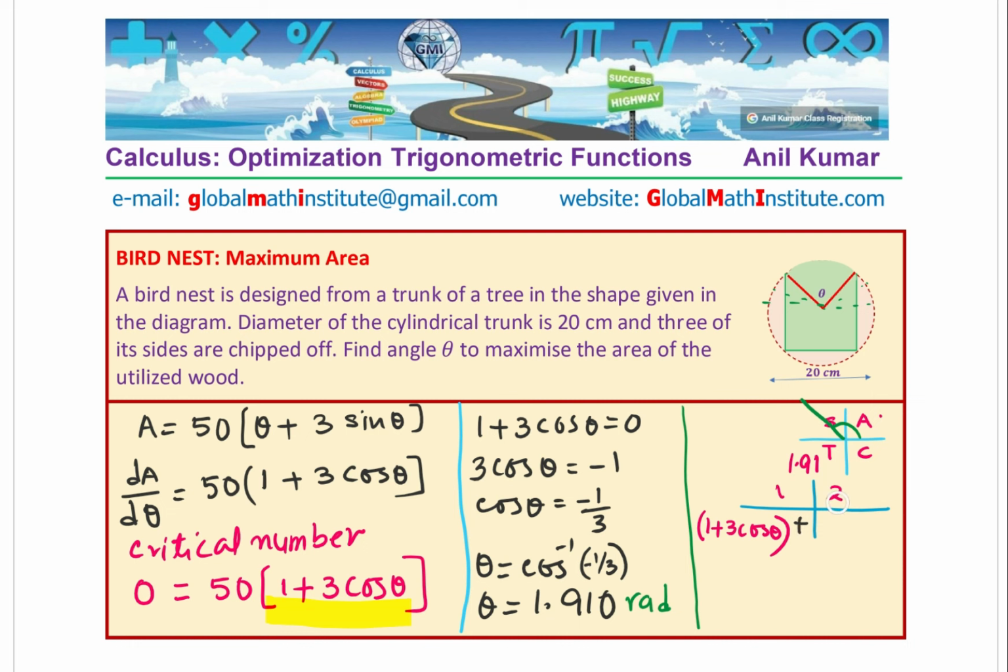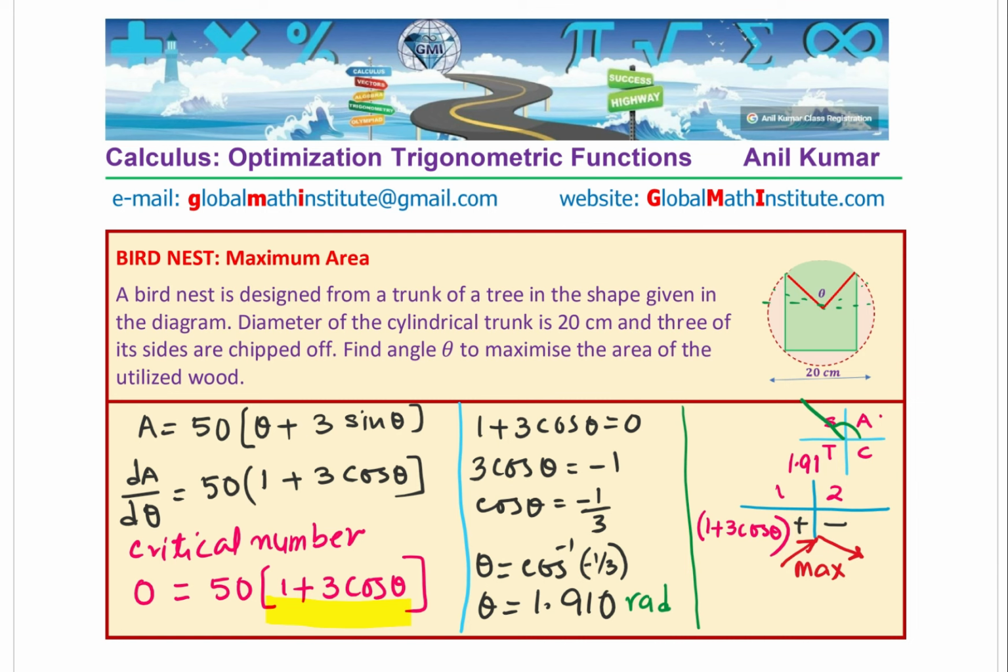And substituting 2, cosine is negative and 3 times that is more than 1. So that gives me a negative value. And therefore, we confirm that at 1.91, we have a maximum area. You get the idea. So we have a maximum area by analyzing the critical point. Correct? So we find the angle theta to maximize this. In radians, the angle theta is 1.91, right?